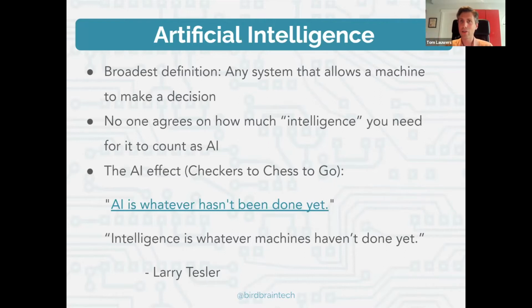One way I like to think about that is with checkers and chess and Go. In the 1950s or 60s, you had computer programs that could beat people at checkers. Then in the 1980s and especially into the 1990s, computers got better and better at chess until they beat the best human players. And then in 2015, we had an artificial intelligence program that beat players at Go. So the benchmark kept moving in terms of what is intelligence. People kept saying, well, checkers is kind of dumb.